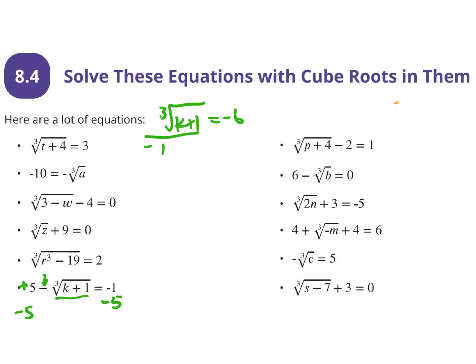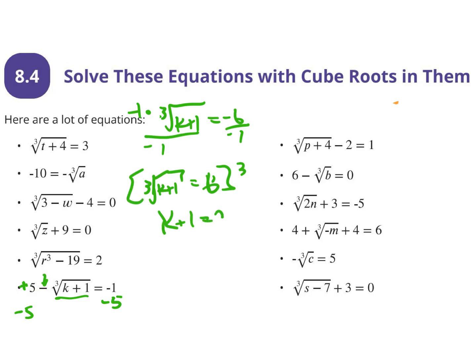It's negative 1 times the cube root. I get the cube root of k plus 1 equals 6. Cube both sides. k plus 1 equals 216. Subtract 1, k equals 215.